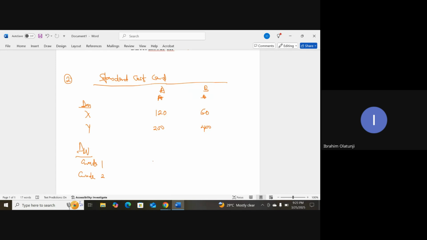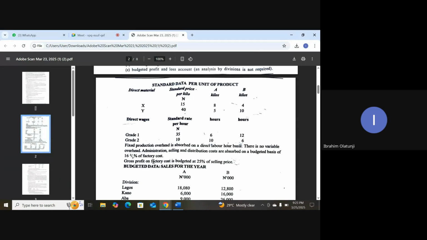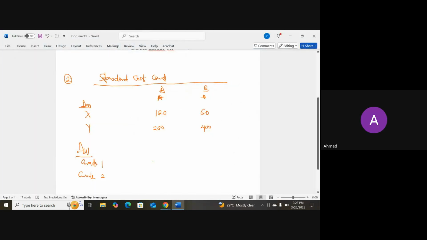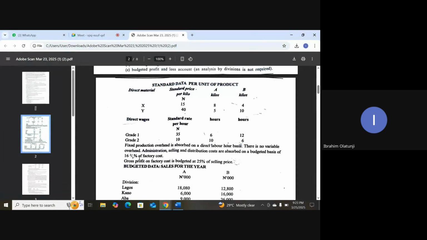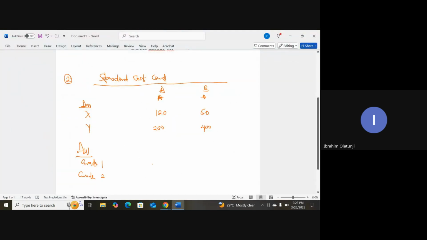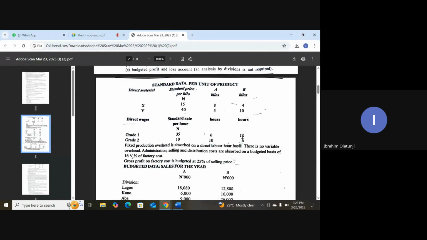What do you have? 6 times 35 is 210 naira. Then let's look at B. 12 hours and the 35.